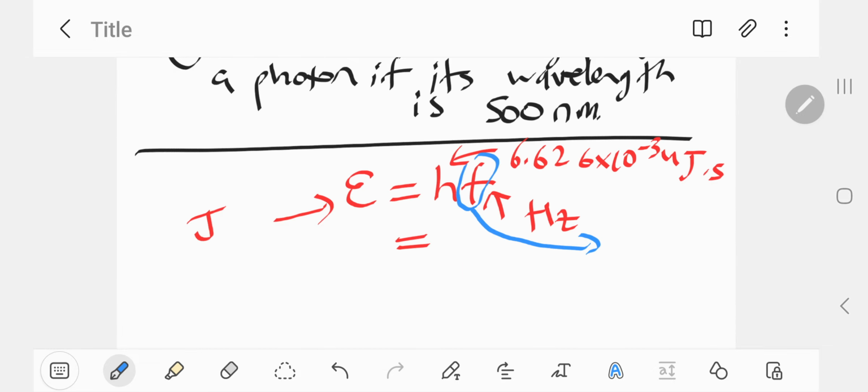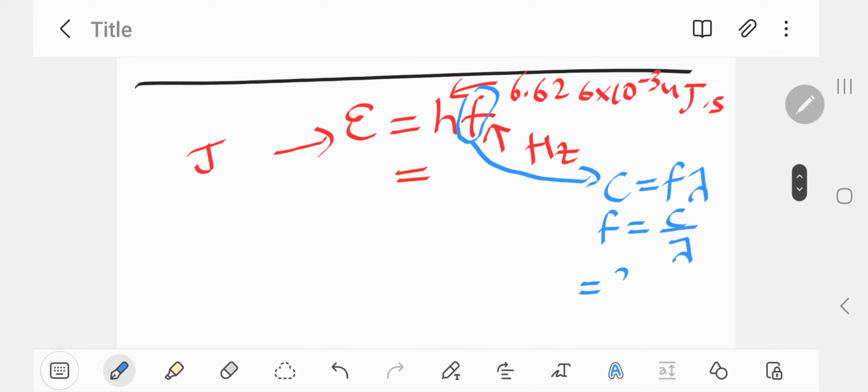As an aside, we can relate the speed of light, c, to f via c equals f lambda. Instead of v, we'll put c because light travels at the speed of light. c is the speed of light, 300 million meters per second. And so that's how we can calculate f, by rearranging the formula. f is equal to c over lambda.